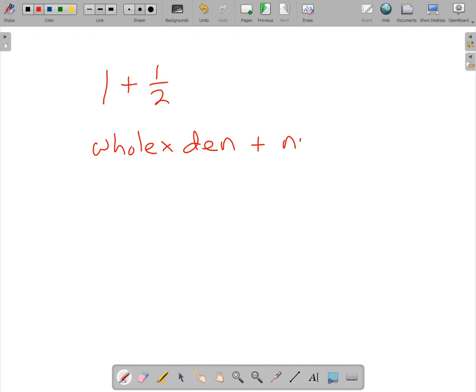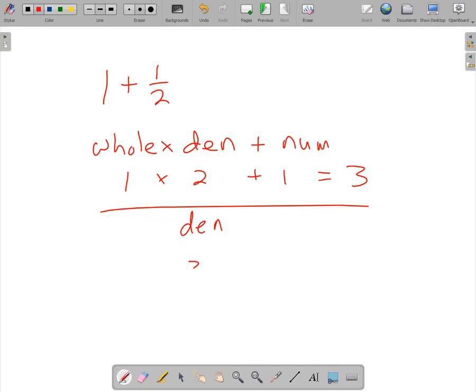Add the numerator. So for me, that would be this 1 right here, times that 2 right there, plus that 1 right there. That's going to give me 3. And then what do I do with that? I keep the denominator. So I would take all of that and divide by the old denominator. That would be 3/2, the way to write that.